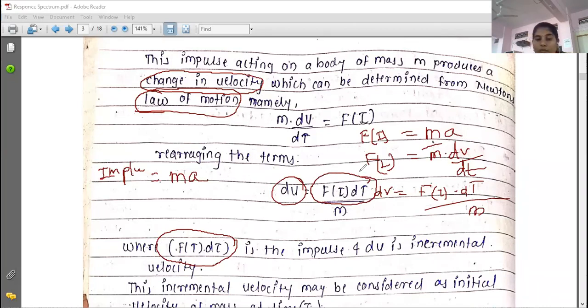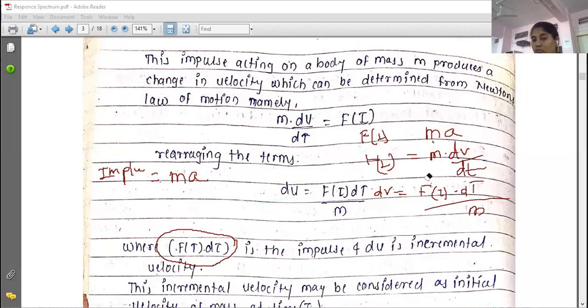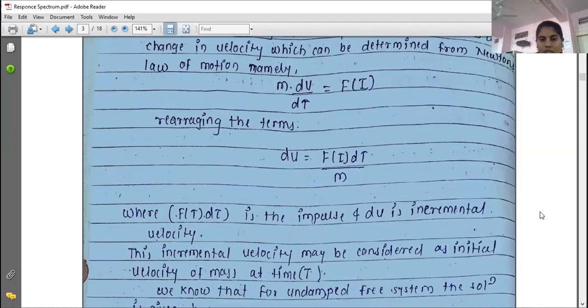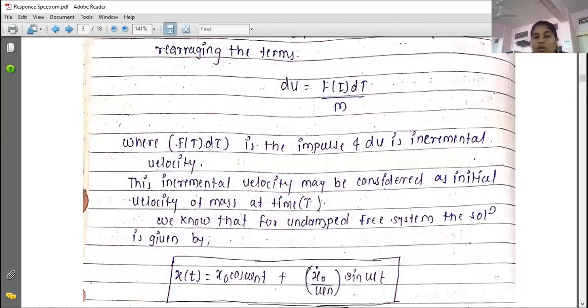So dv is the incremental velocity and F_i dt is the impulse.